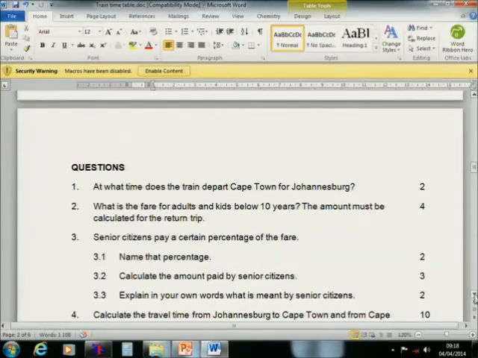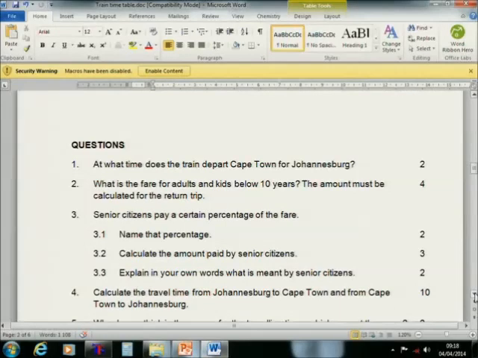This one, I'm leaving it to you to do it for approximately 5 minutes, not more than that. The question is, calculate the travel time from Johannesburg to Cape Town and from Cape Town to Johannesburg. In other words, please capture this question as it is.